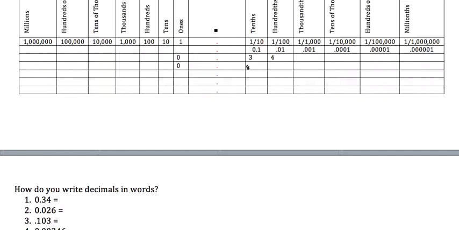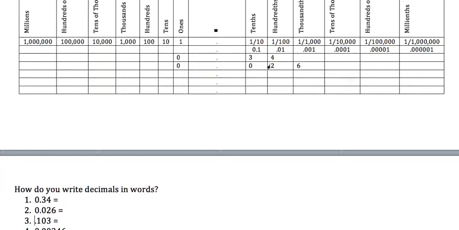So 0 and 0.026. So you can see there it fits into the thousandths column there. And I put this one in just so that you can see that you don't actually need the 0 in front. You can put it there if you want to, but it doesn't make any difference if you just put the decimal. It's exactly the same thing as having a 0 or not having a 0.